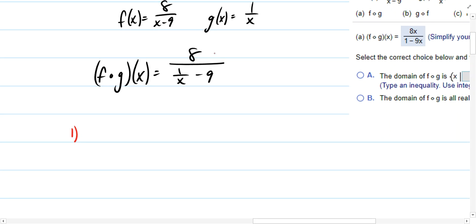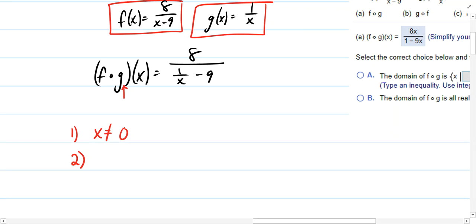So step number 1 says to find the domain restriction of the inner function. Now the inner function is g. And so for our inner function, the only value that would restrict this domain is 0. So we want to say that x is not allowed to be equal to 0. For step 2, we would investigate the restriction of the outer function.